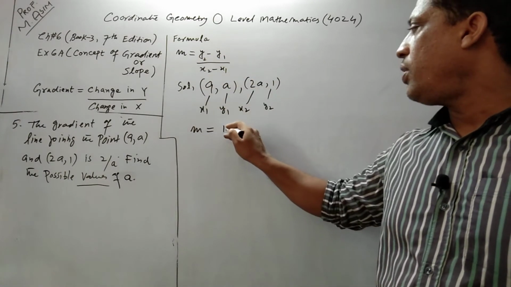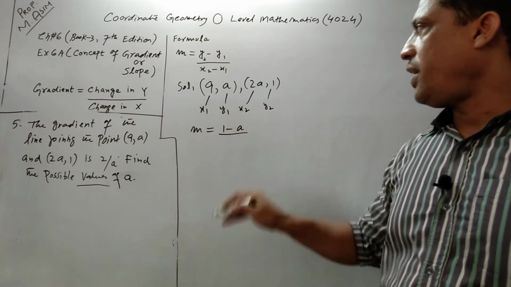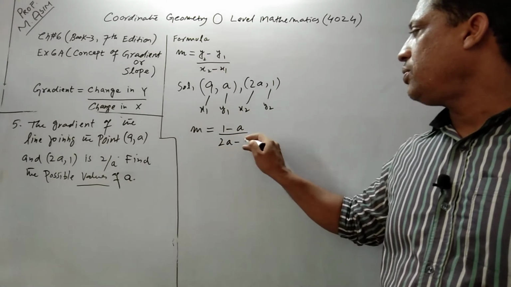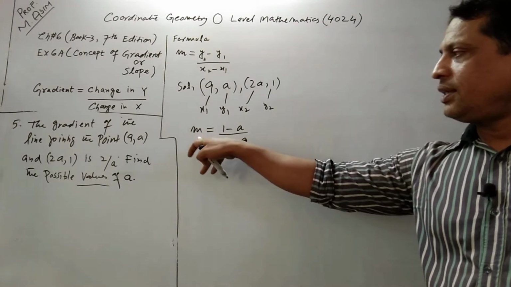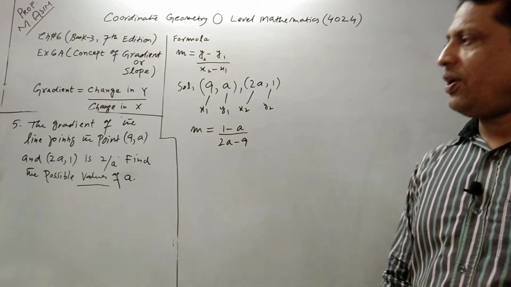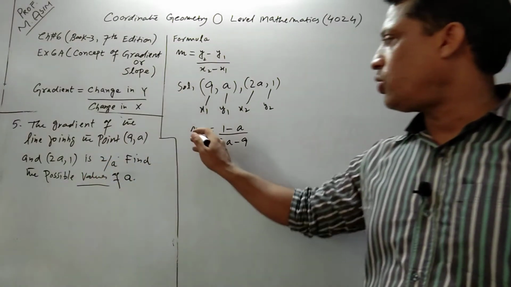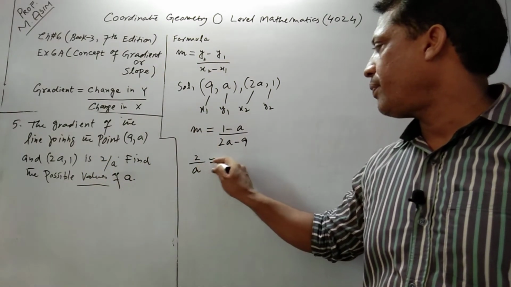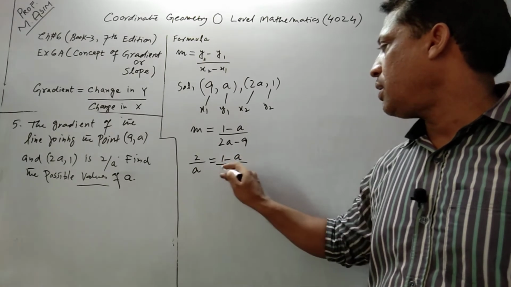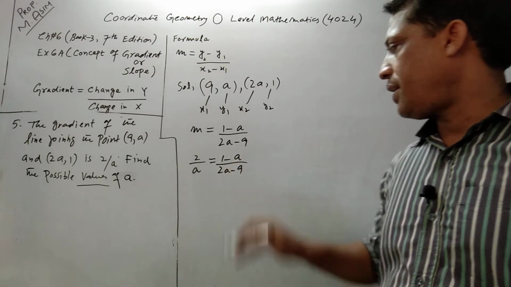What is y2? 1. y1 is a, upon x2 minus x1. In this question, the value of the gradient is given. What is the value? 2 upon a. So replace this m by 2 upon a. 1 minus a upon 2a minus 9.